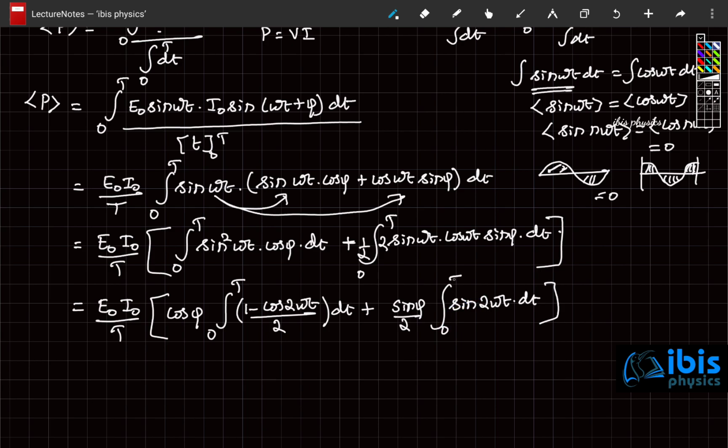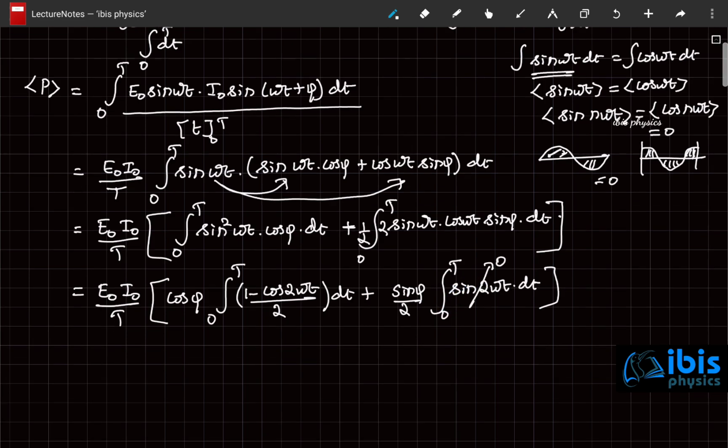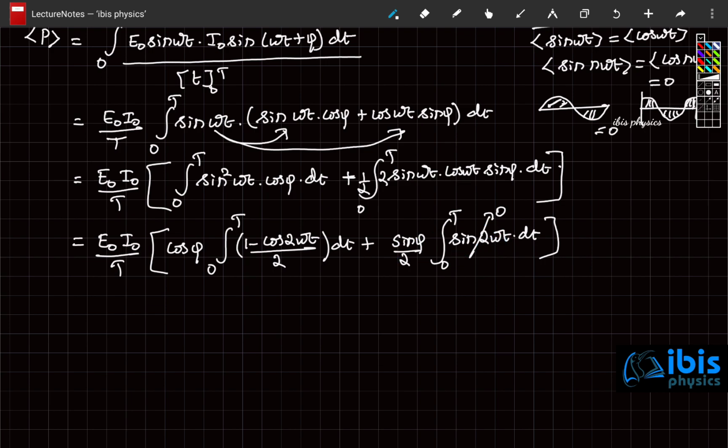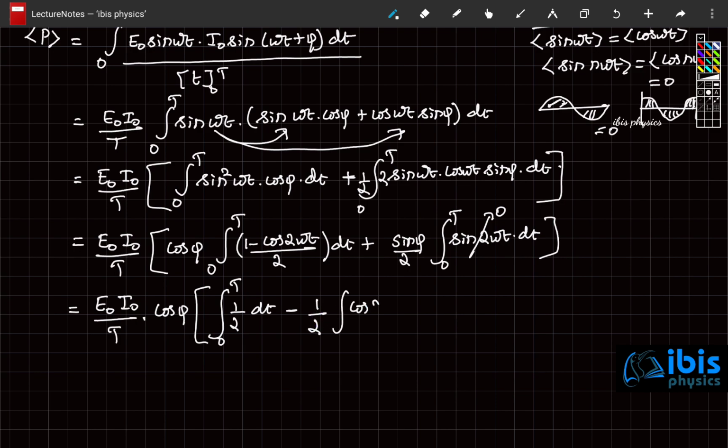We know that over a full cycle sine 2 omega t is 0, so this whole term becomes 0. So E naught I naught by t into cos phi, integral 1 by 2 into dt from 0 to t, minus 1 by 2 into integral cos 2 omega t dt from 0 to t.